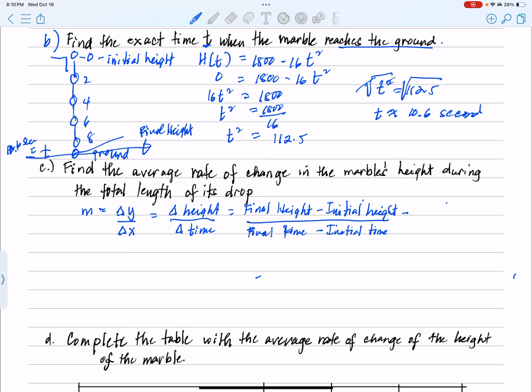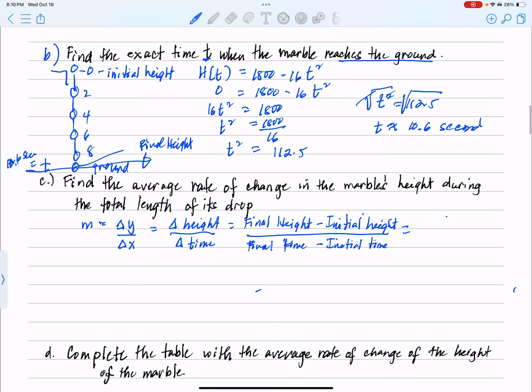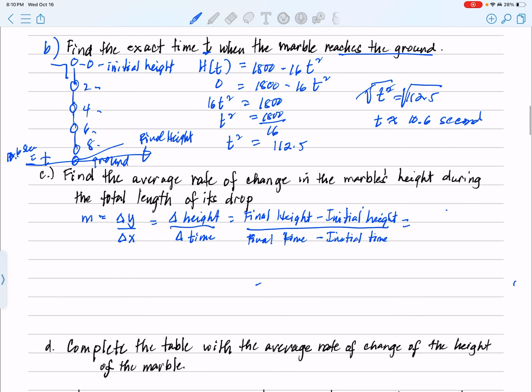Okay, let's look at these changes in the situation. Because we have this distance when it's 2, when it's 4 seconds, when it's 6, when it's 8. It's found in the table. We solved that already. What are the heights at that particular time? So let's do the change in height.